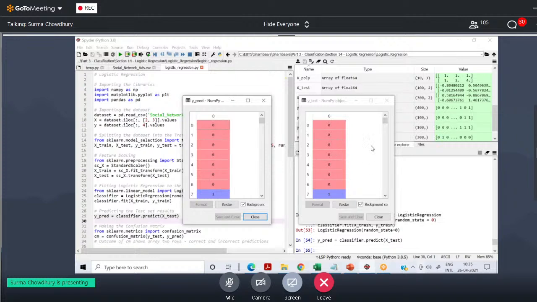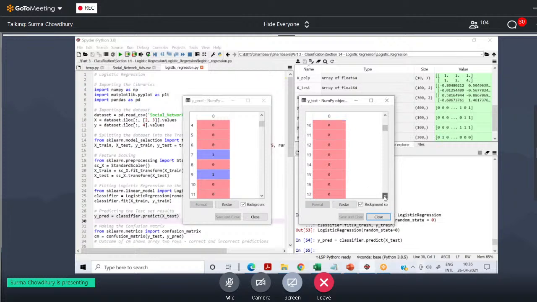Going down to the 7th and 10th records, it is more or less fine. But notice in the 9th row, my actual value says he's not going to buy the car, but my prediction says he's going to buy the car. There's something wrong here. This is one of the anomalies, one of the errors you have.